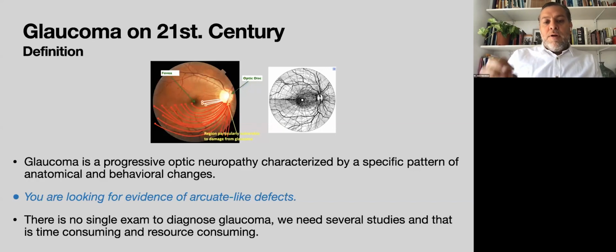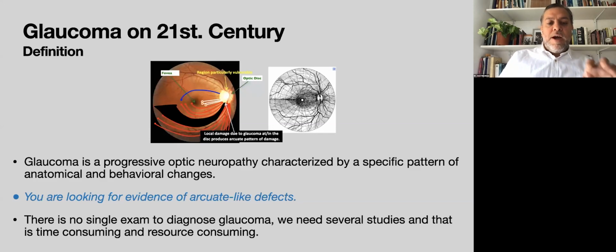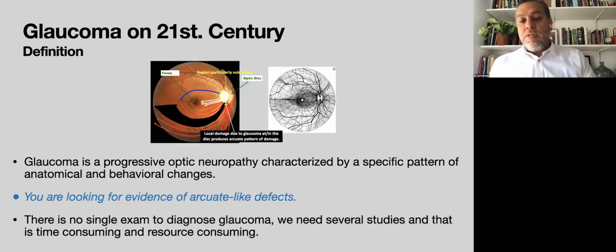We have a particular zone that is very vulnerable to changes in the inferior quadrant of the disc and also in the superior quadrant. So these arcuate-like defects are what we are looking for on the superior part of the posterior pole or in the inferior part.